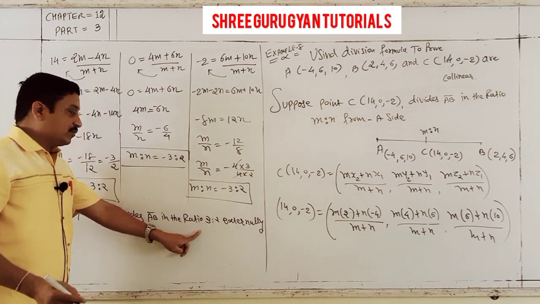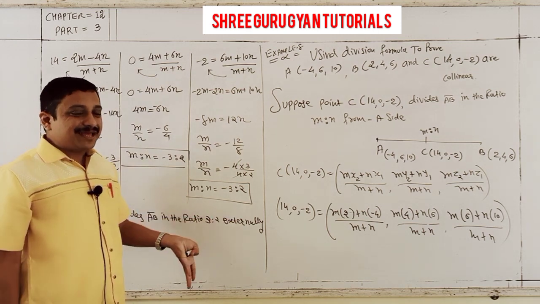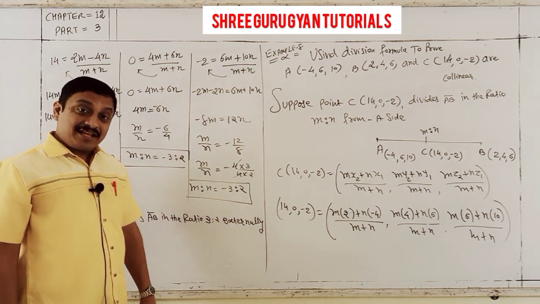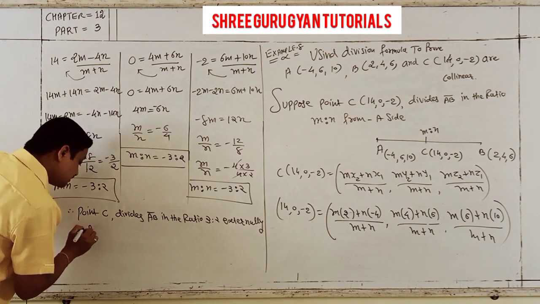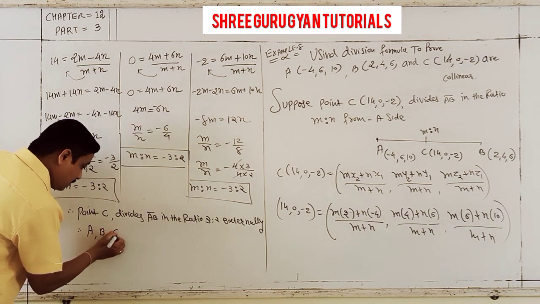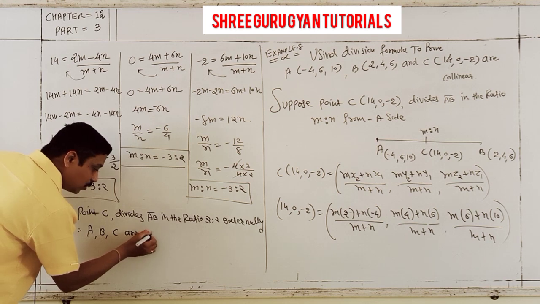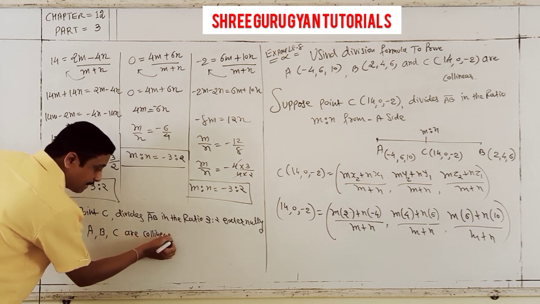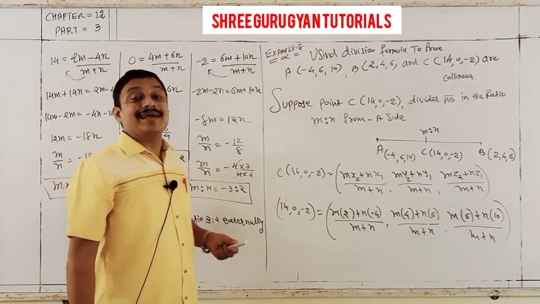Students, here we did not write minus because it is negative, so I wrote it as externally. Therefore we can say A, B, C are collinear, lying on the same line.